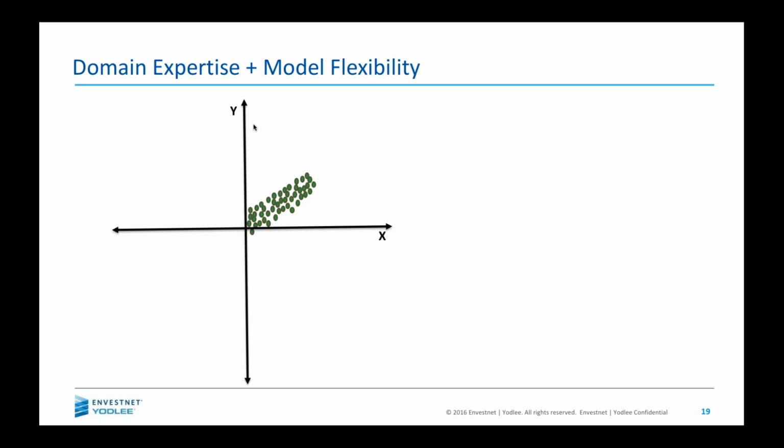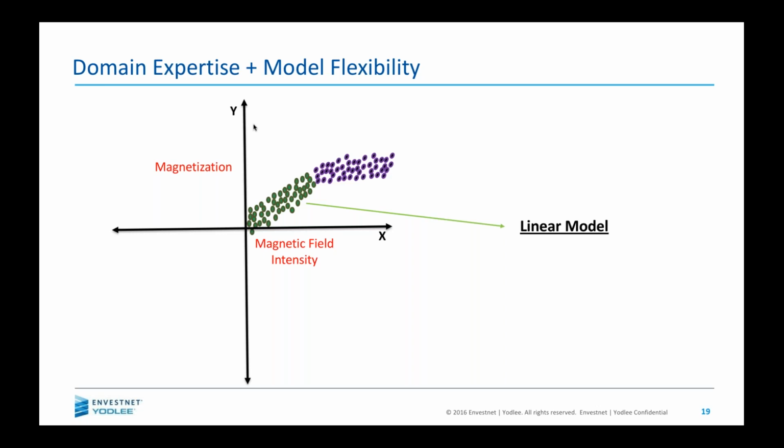What would the person do? He would say a linear model would fit, because he or she doesn't know what the x and y axis represent. But now if somebody told you that this is coming from the domain of magnetic field or magnetic studies, then immediately the domain expert would say, as you increase the intensity, there's going to be a saturation effect, and so the linear model is not going to work as well.